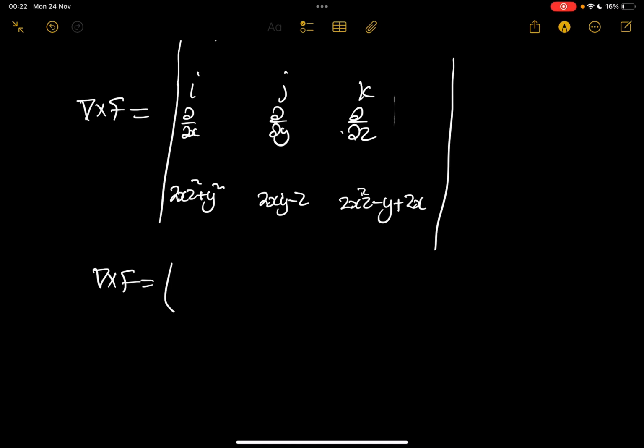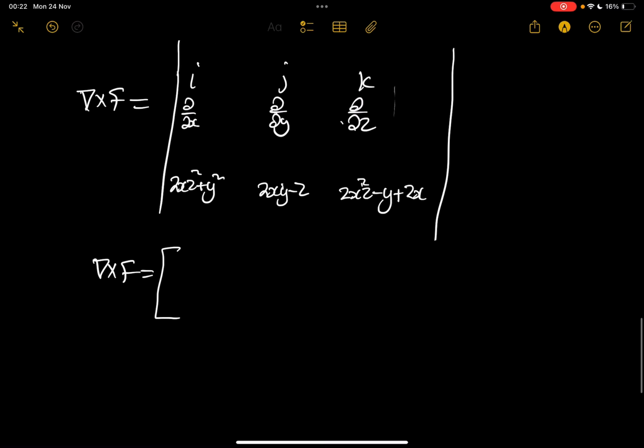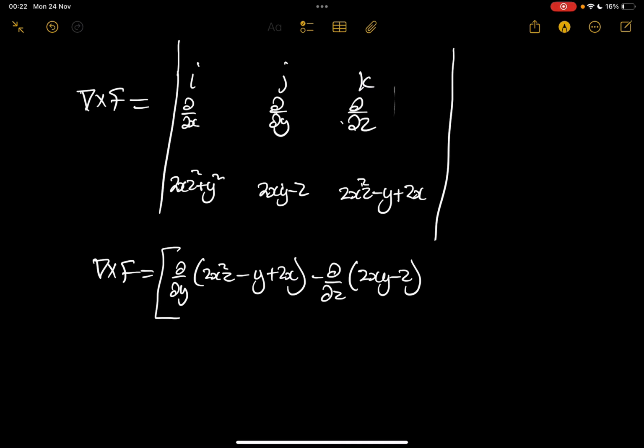Let me use a square bracket. We're going to have del y of (2x squared z minus y plus 2x) minus del z of (2xy minus z), and this is my i.